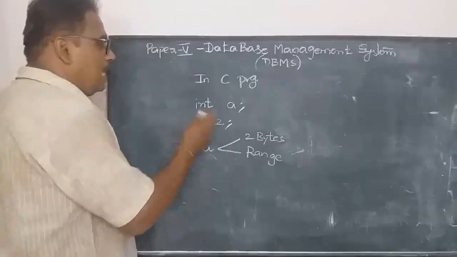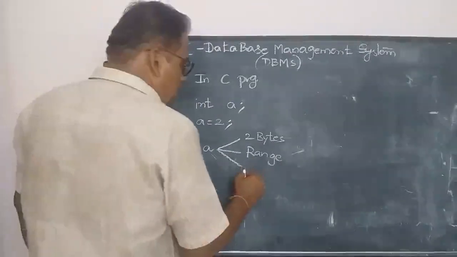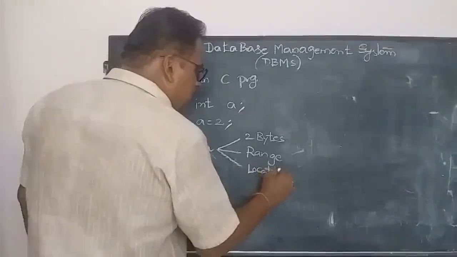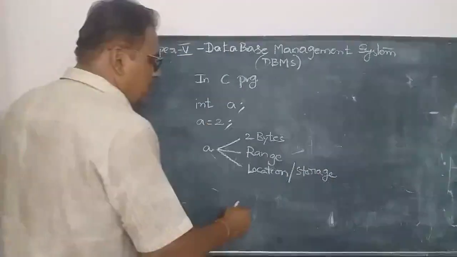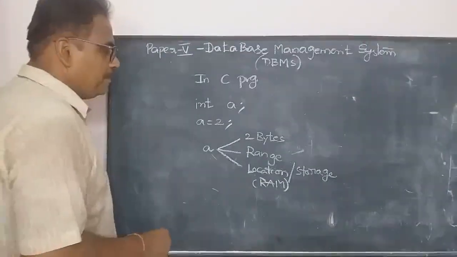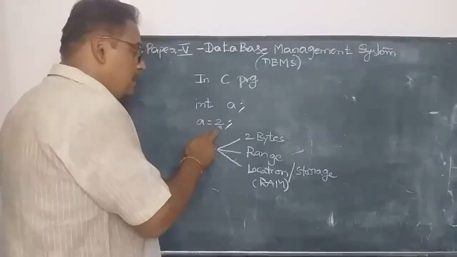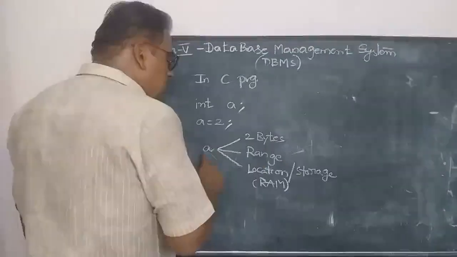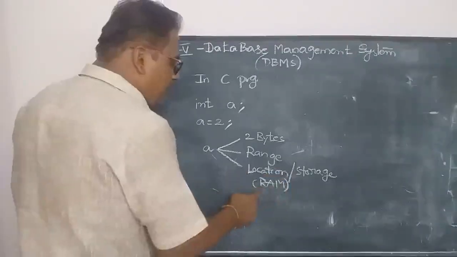Range depends upon unsigned or signed integer. Next, location or storage. Normally, variables are stored in RAM. The value of variable a is 2. And the characteristics of variable a are 2 bytes, range, and storage location.